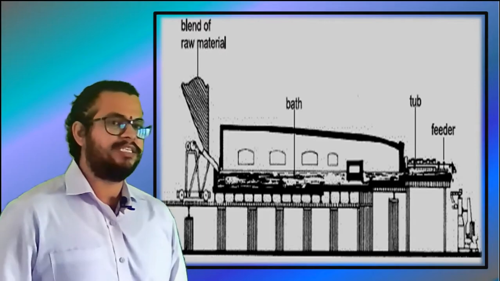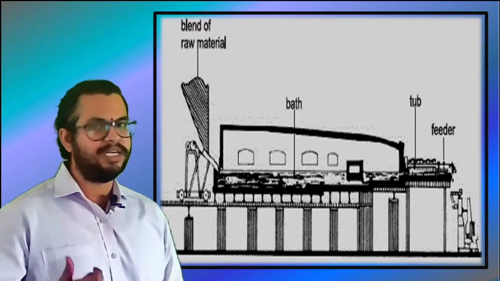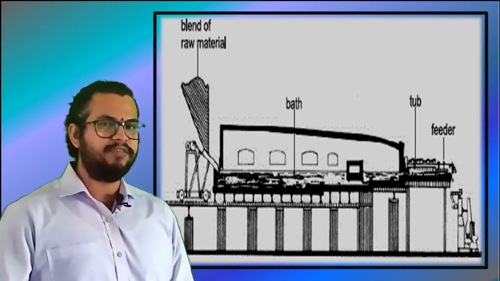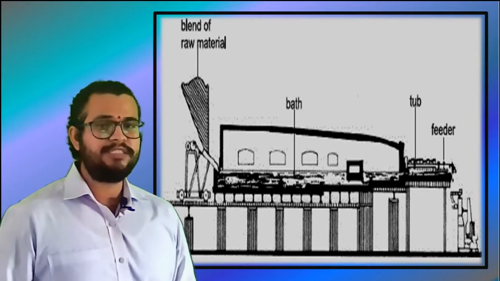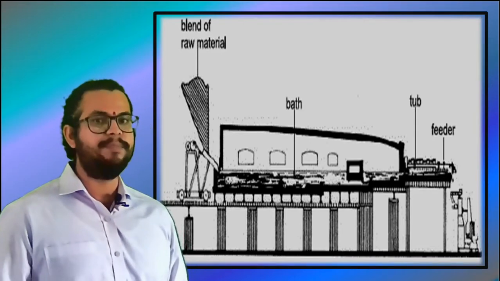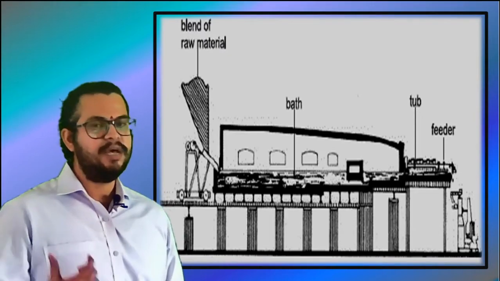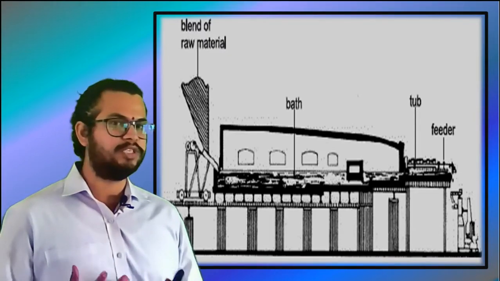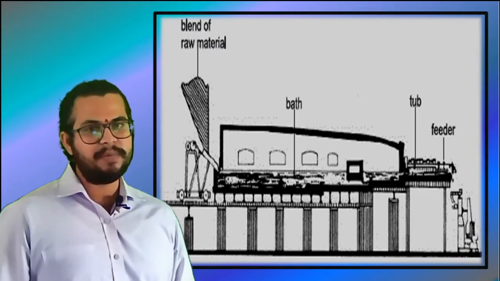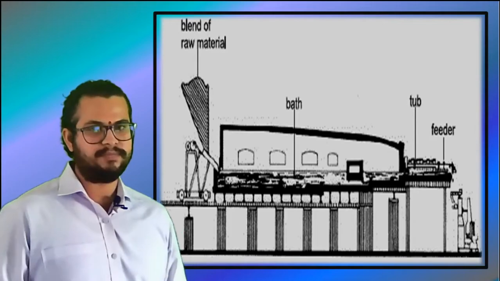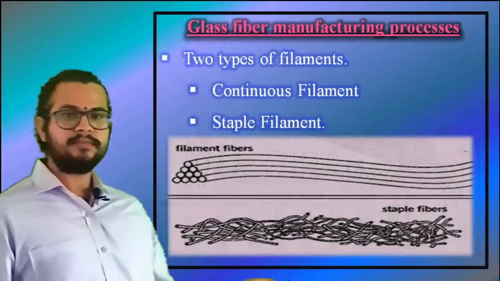Once the material is completely melted, it passes through a tub where it is slowly sent into the feeder. The material from this feeder is pulled into rods, wires, or sheets based on the requirements by using a puller. Finally, we obtain fiber filaments by performing this procedure. Okay, now let's move on ahead.